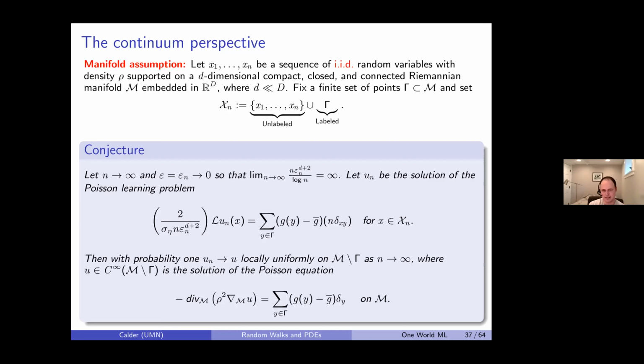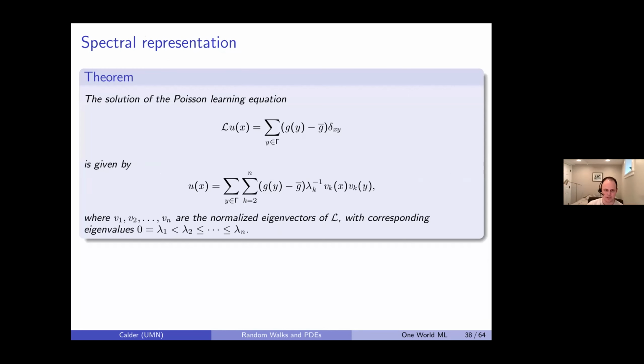What we expect is that if I take a discrete to continuum problem where I have an infinite amount of unlabeled data and just a fixed, finite number of labels, which is the set gamma, the solution to Poisson learning should converge in the continuum to the solution of a continuous Poisson equation with delta functions at the labeled points. We aim to prove this kind of result in order to show that Poisson learning is indeed stable and informative at these very, very low label rates. This is ongoing and future work.